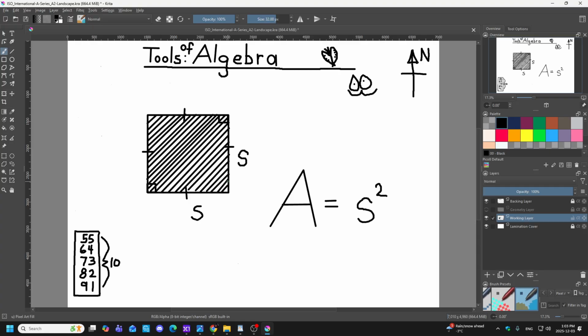Again, we're going side times side. This is multiplication, and essentially we are doing this. Area equals S times S. Much better to write S squared, right? Because it's all the same. That is it. That's the definition.